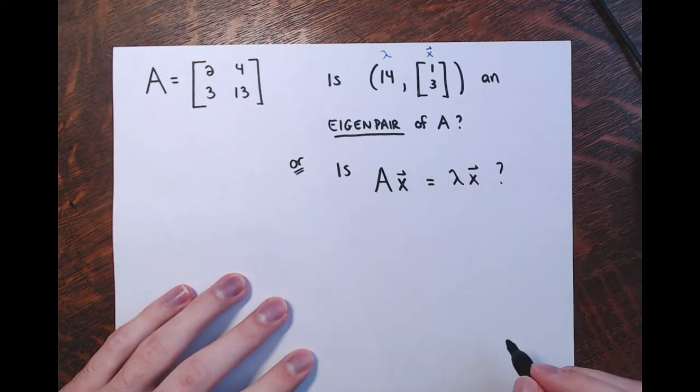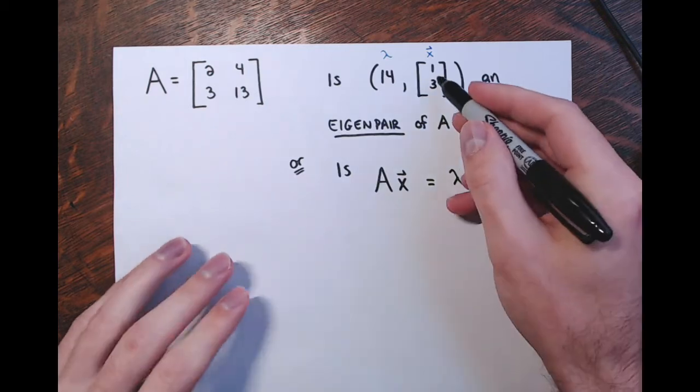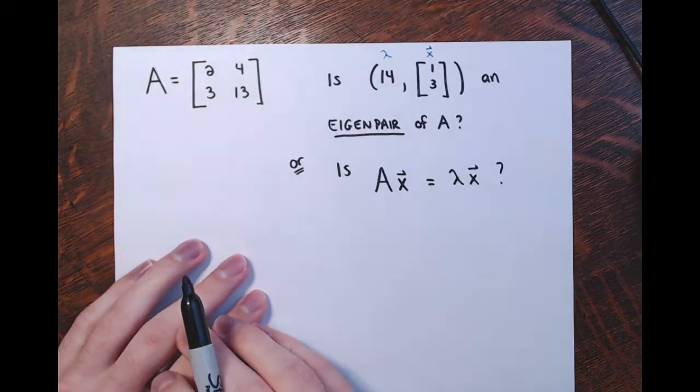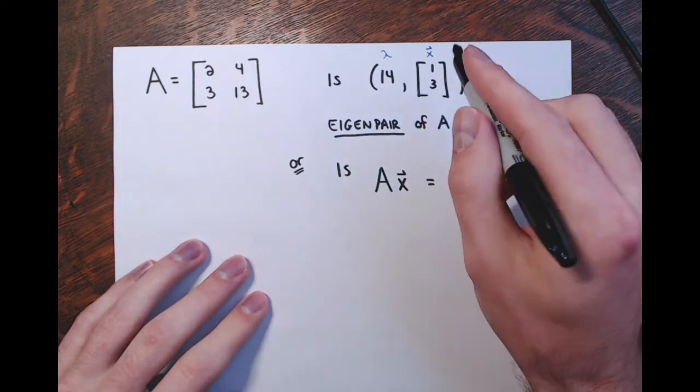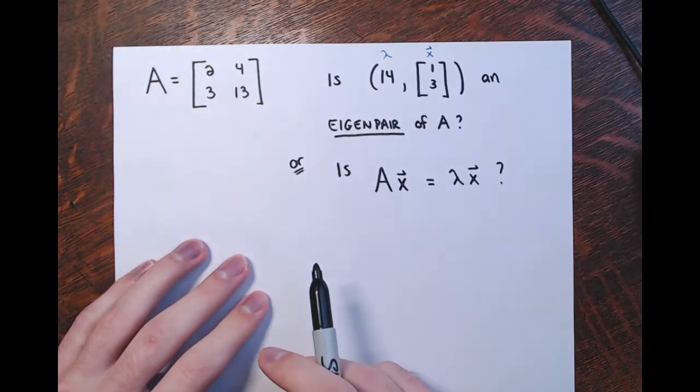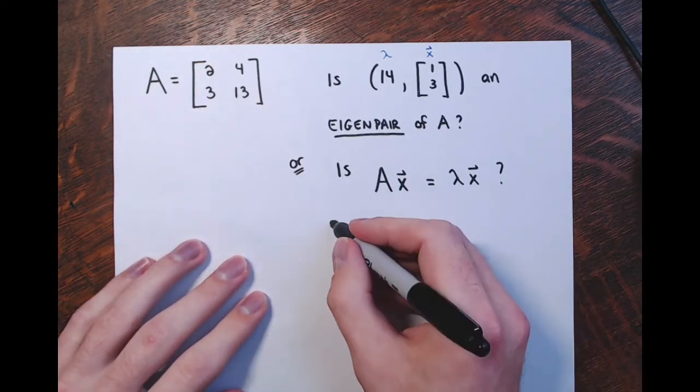Is multiplying 1, 3 by A going to give me the same result as multiplying 1, 3 by 14?